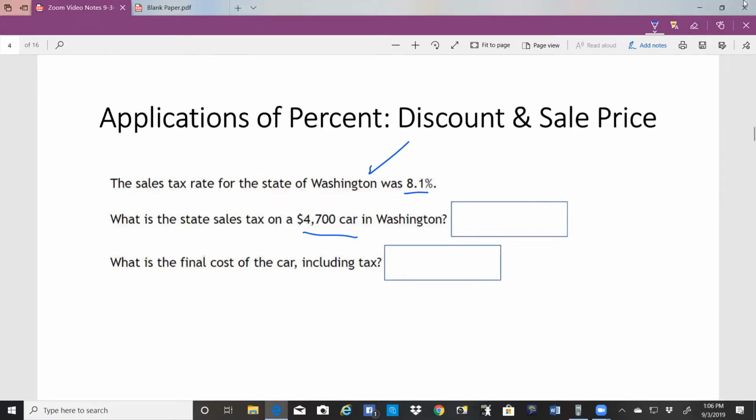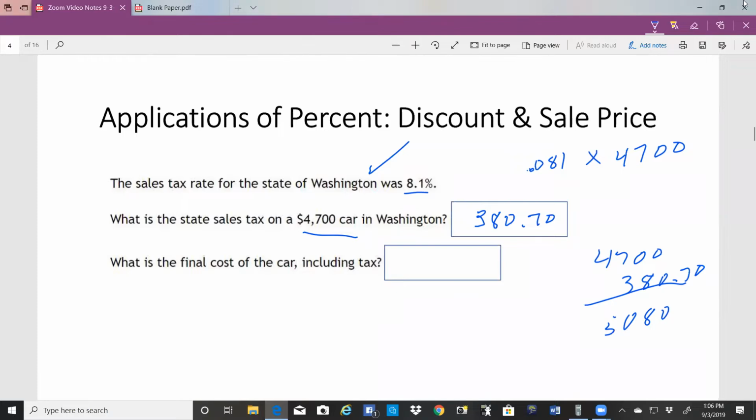You would just take 0.081 in decimal form times $4,700, and that's $380.70. And then the final cost of the car, you just add the two together: $4,700 plus $380.70, which is $5,080.70.